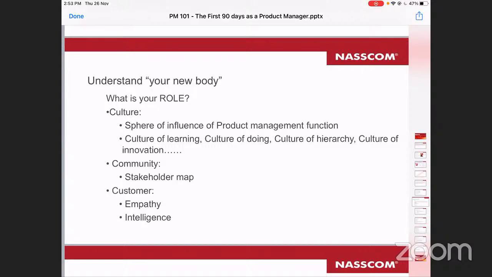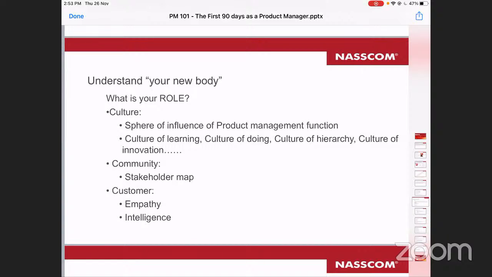Now let's look at the right brain part of it, which is empathy. Empathy is a very, very important concept. It has always been used by very effective product managers on an implicit basis. If you think of a good product manager in your head, you would naturally know that he or she is truly empathetic to the customer.